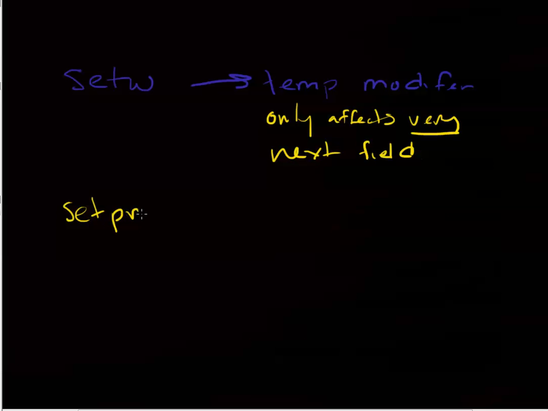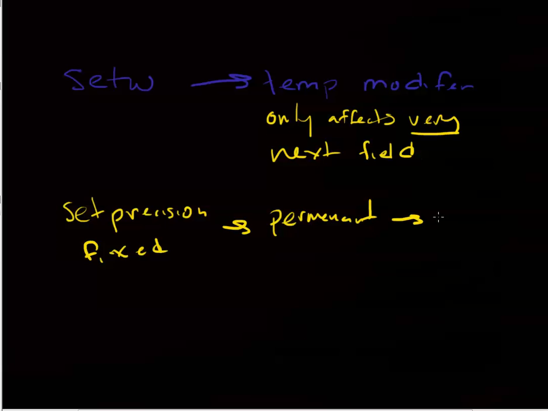Set precision and fixed are permanent. They affect all fields until we reset it. Okay, so we can reset the precision to something else. So it's very important to keep in mind those differences between those 2 classes of input modifiers. It's an easy one to forget.